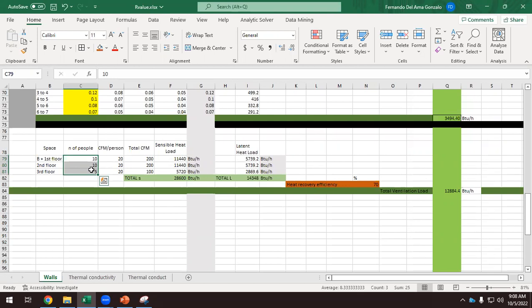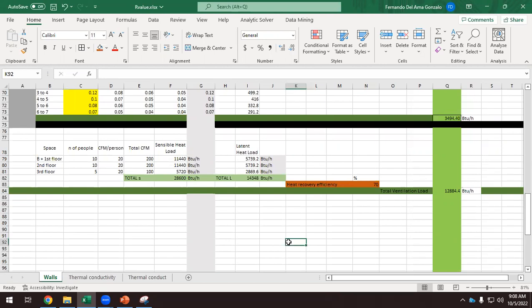So we can't get rid of people. The only thing we can do is to increase the efficiency of the heat recovery. And this is not architecture. This is engineering. So there is nothing we can do from the architectural point of view, from the design point of view, to improve the efficiency of those heat recoveries.